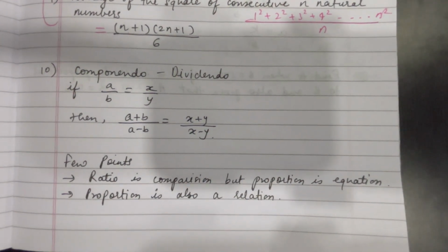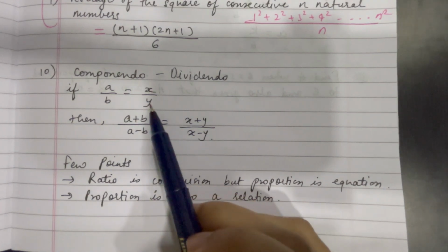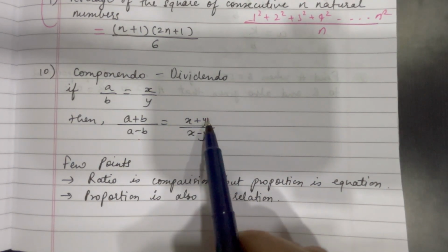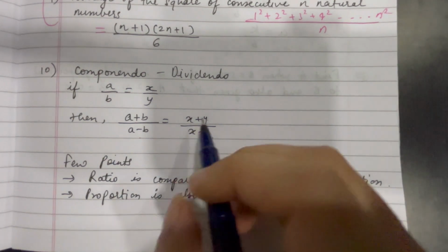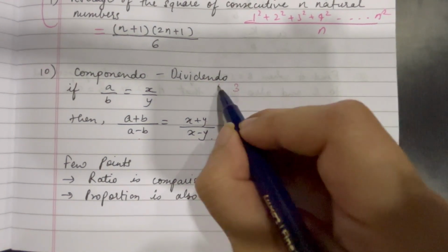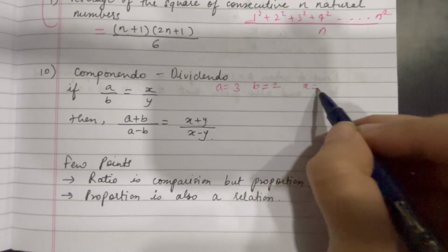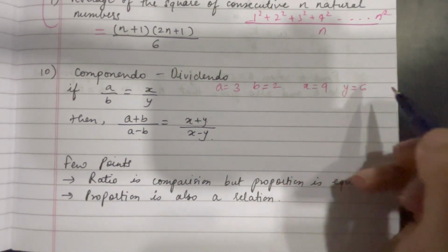Now let's move to the componendo and dividendo. If a by b equals x by y, a plus b divided by a minus b equals x plus y divided by x minus y. Let's say a is 3, b is 2, x is 9 and y is 6.